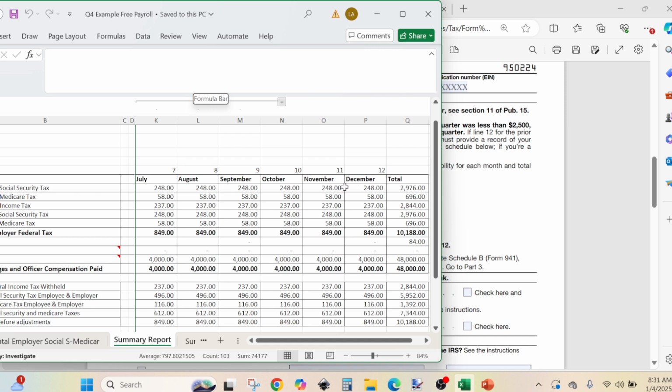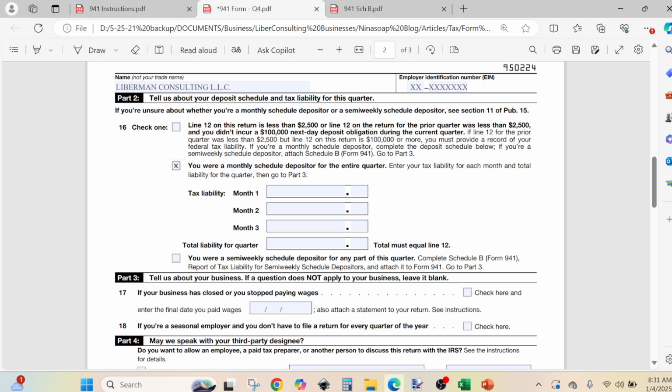Okay, so we have the last 2 months here, and total tax before adjustment is going to be $849 for each of the 3 months. So we'll come here and put $849, $849, $849.